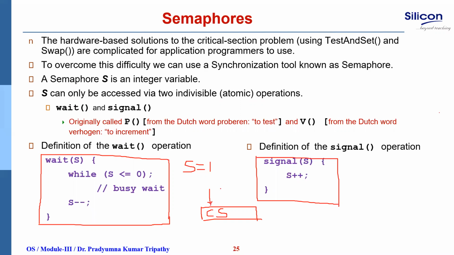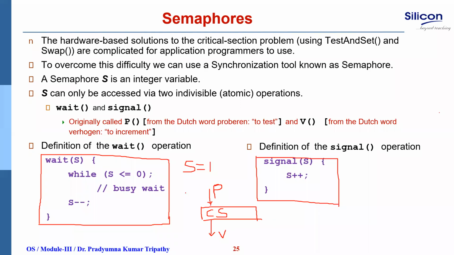They have to execute the P operation so that they can enter, and while coming out, they must execute the V operation. This is the condition that I have met.